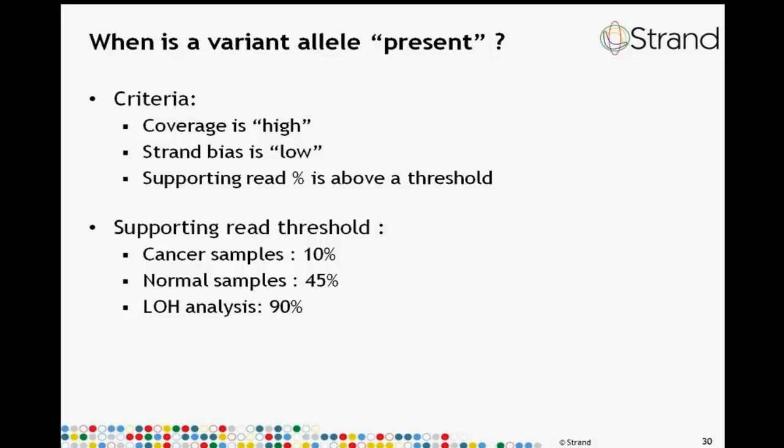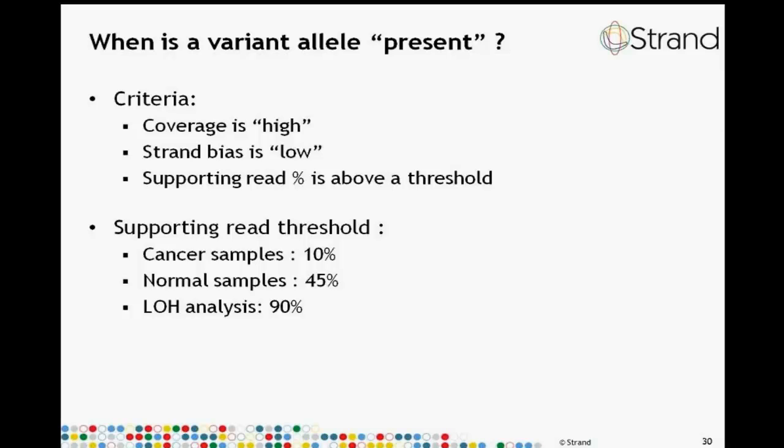Now, the threshold that we would use depends on the experimental criteria. For instance, if you're analyzing cancer samples, 10% might be a reasonable threshold. If you're analyzing normal samples, then the threshold could be 45%, because in the case of a heterozygous allele, we would have approximately 50%, and in the case of a homozygous allele, we would have approximately 95% supporting reads.